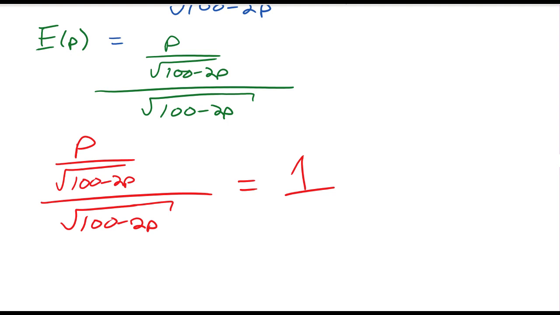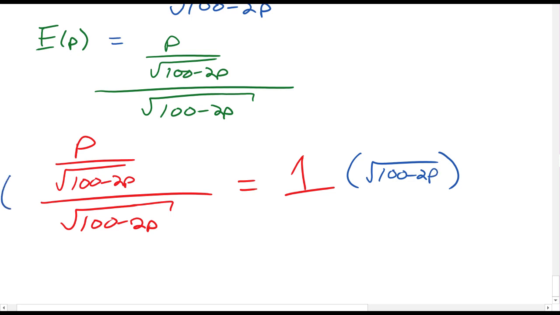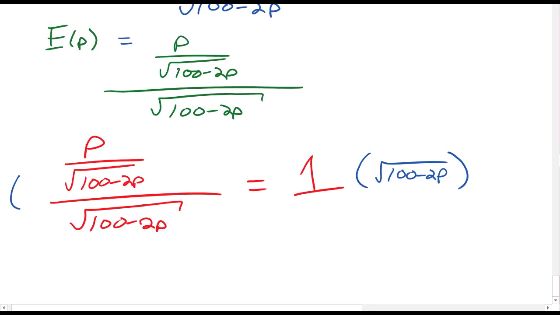Well, we need to multiply both sides by the denominator, trying to get rid of that fraction. So multiply the right side of the equation by the square root of 100 minus 2p, and also multiply the left side of the equation by the square root of 100 minus 2p.